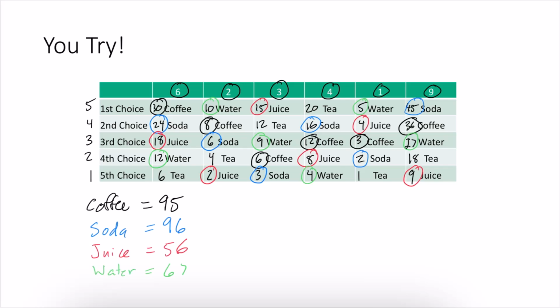And then for my last one, if I have 6 plus 4 plus 12 plus 20 plus 1 plus 18, I end up with a weighted count of 61 for tea. And so out of all of these weighted counts, the weighted count that is the highest is soda. And so that means that soda would be the winner in this case.